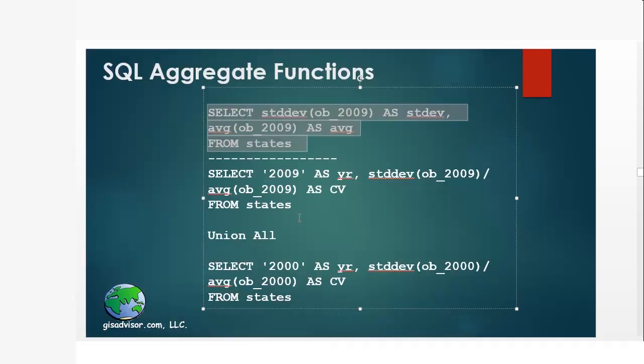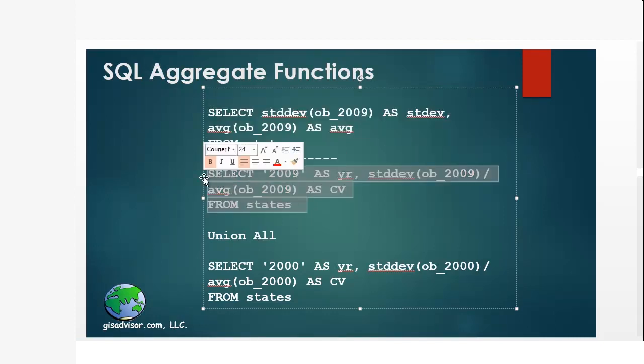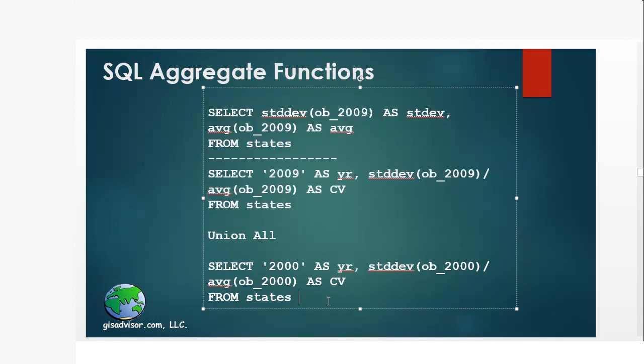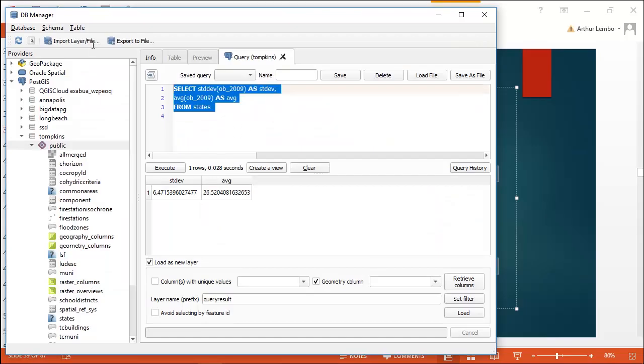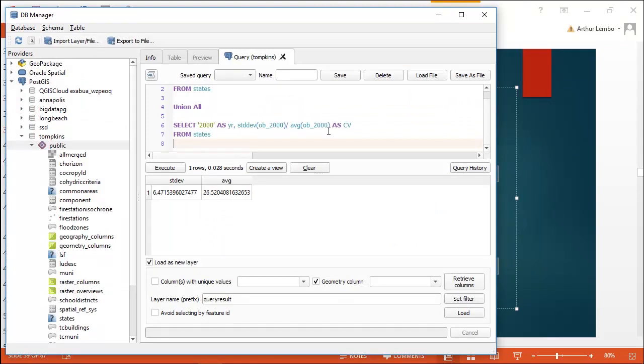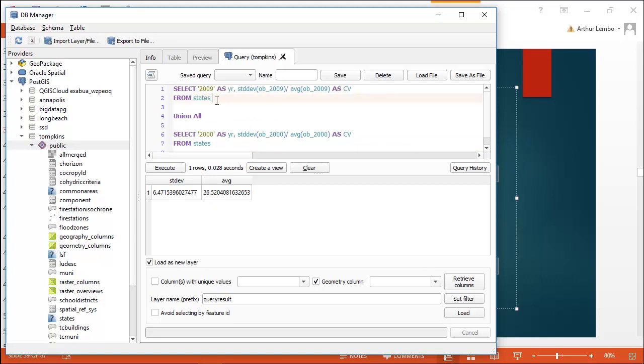So let's go back. That gives me the average and standard deviation. I can also, let's actually create this one here. We're going to use both of these queries, and I've got a union all. What the union all is going to do is select a particular resulting table, which I have here. Okay, that gives me the year 2009 and the standard deviation, or the coefficient of variation that we looked at earlier in this class.